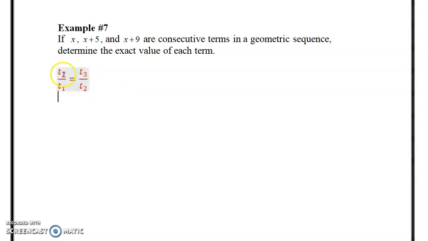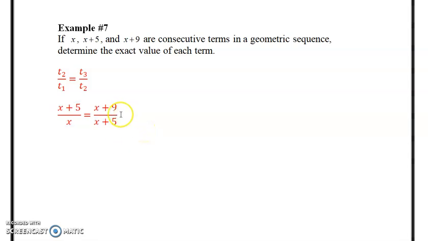Very straightforward. So I'll recopy our equation. The numerator is the second term, x plus 5, and the denominator is the first term, which is x. Term 3, as you can see, is x plus 9, and the denominator is x plus 5, the second term.